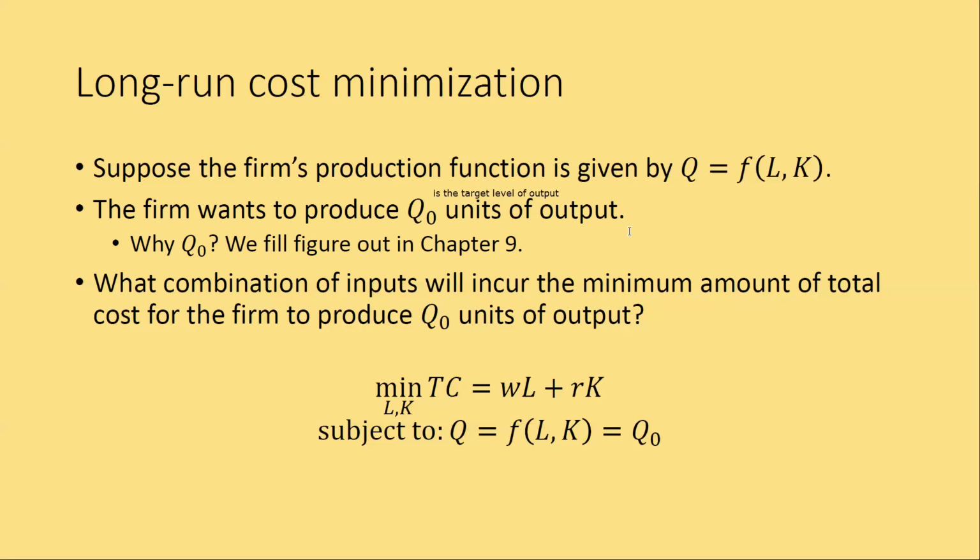And we are answering this question: what combination of inputs is going to incur the smallest amount of total cost for the firm if the firm were to produce Q0 units of output.